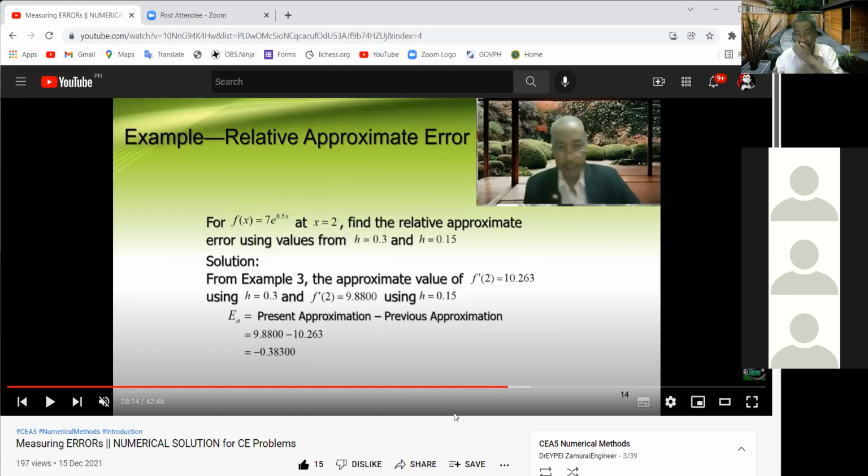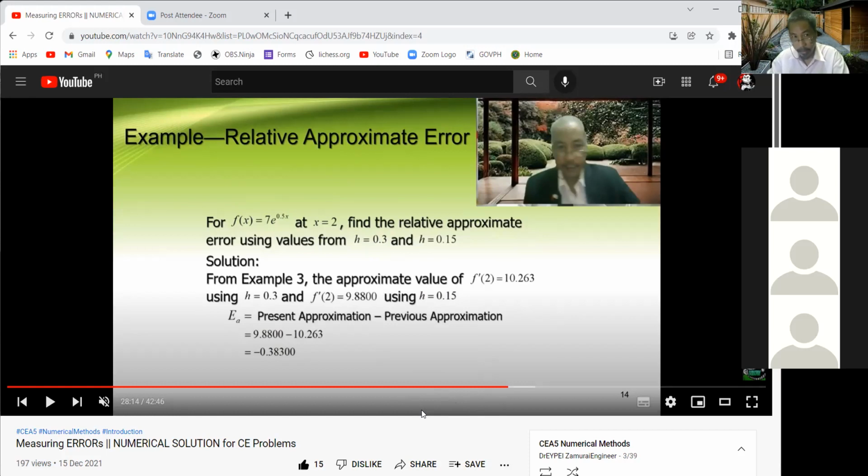So we already solved this. We are only solving for approximate. Okay.